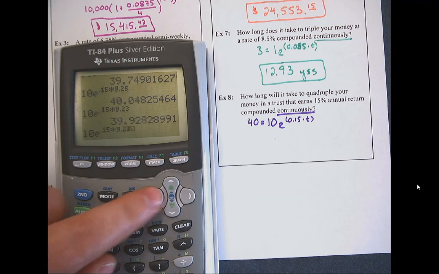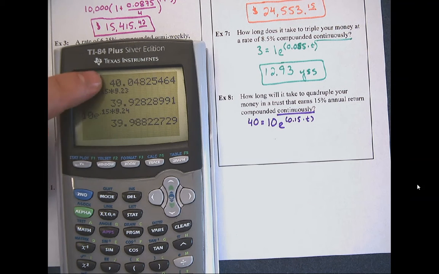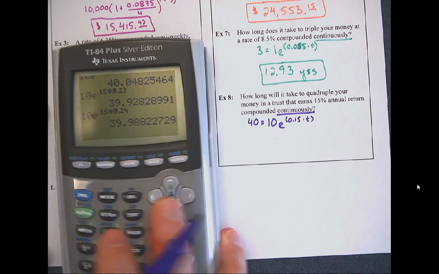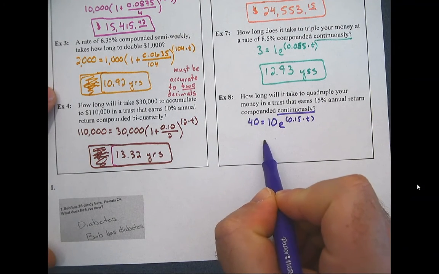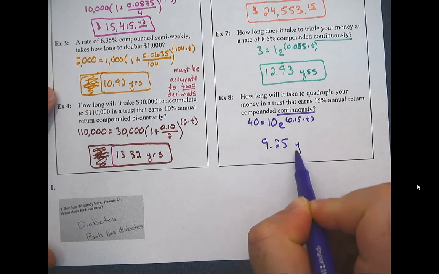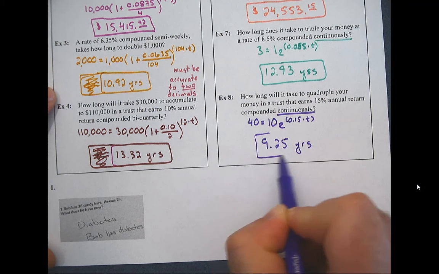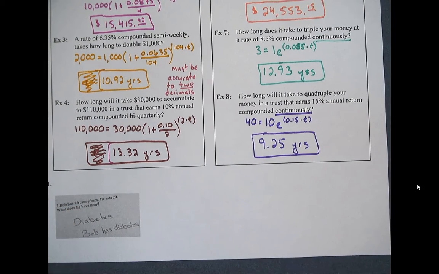So let's see, 9.24. Too small, so that's it. So 9.25 was over. So 9.25 is the first one that takes me over into the 40 number. 9.25 years. All right, folks, go get them.